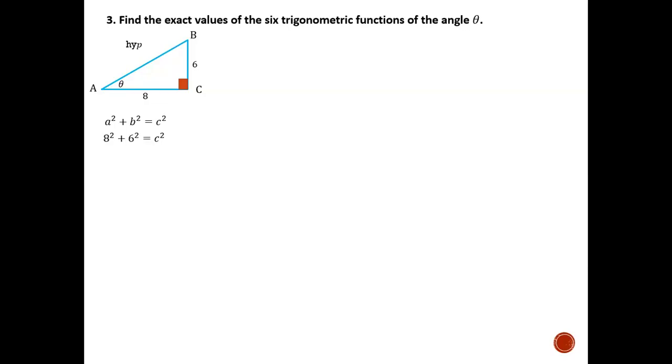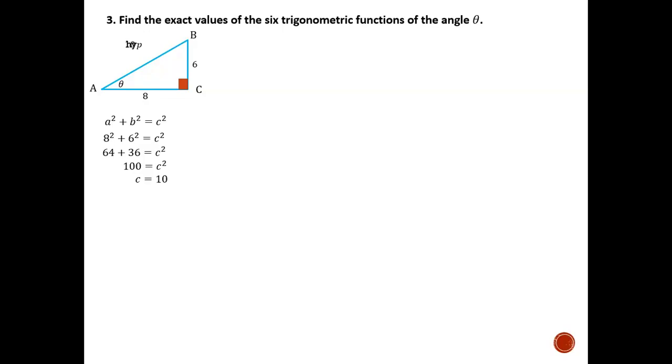The line segment from A to C, we can consider that little b. We have them backwards, it's okay. So we have 8 squared plus 6 squared is equal to c squared. 64 plus 36 is 100. We take the square root of both sides, and we find that c is equal to 10.